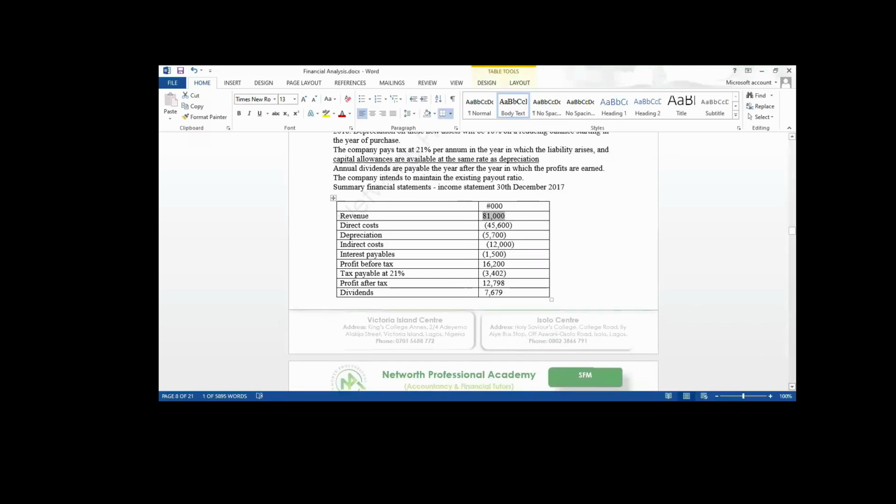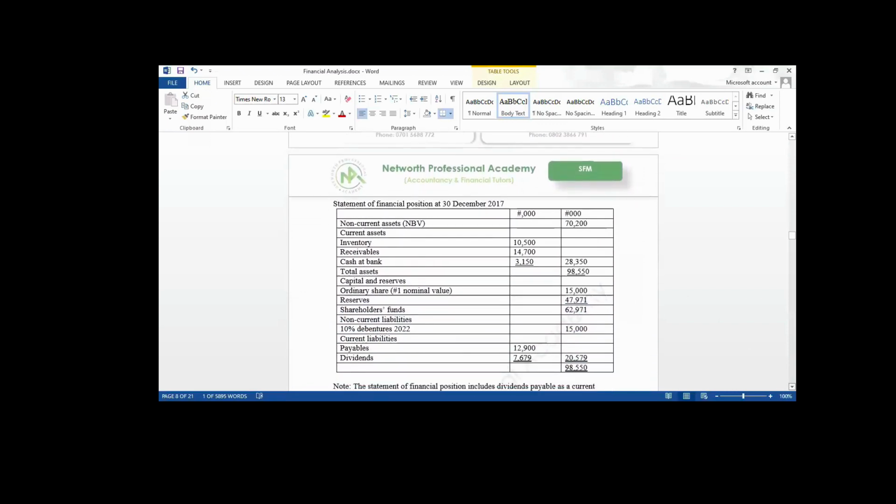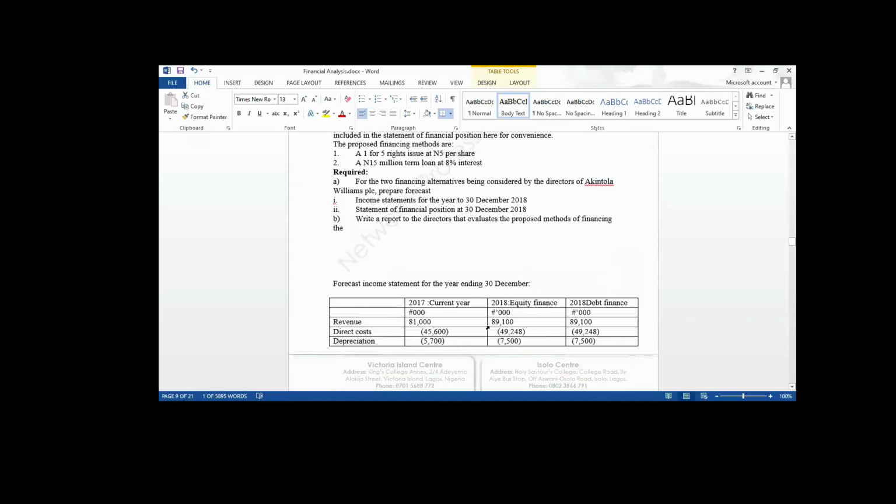Now, if revenue increased by 10%, that means in 2018, revenue will be 89,100. Whether you finance the project by equity, the revenue will be 89,100. If you finance the new project by debt, the revenue will still be 89,100. So we have resolved that. We move on.